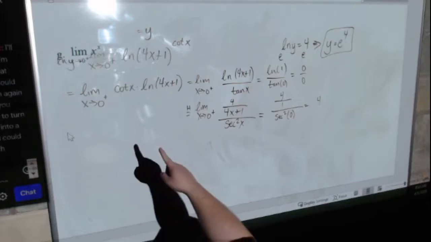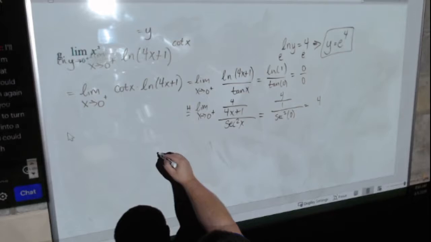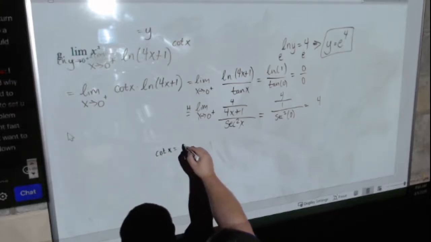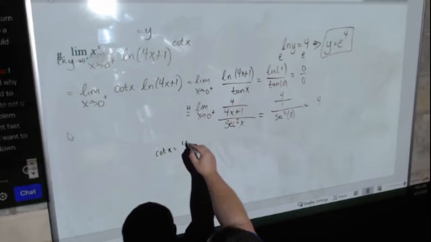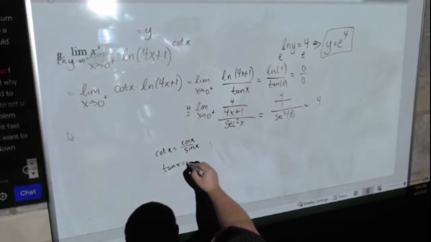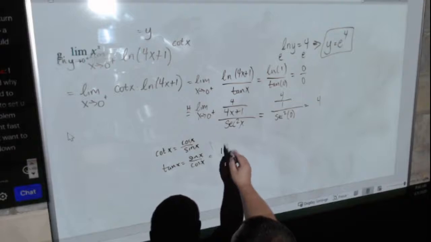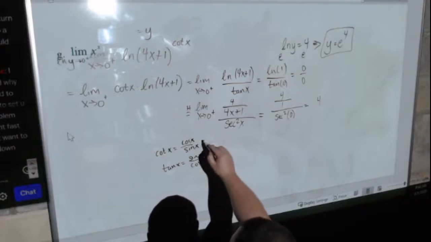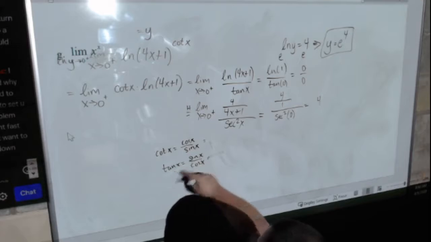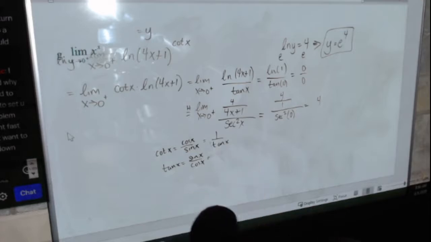So the cotangent, that's just, cotan is cosine over sine, and tan is sine over cosine, so this is the inverse of tangent, or 1 over the tan, just like cosecant's 1 over sine and stuff like that.